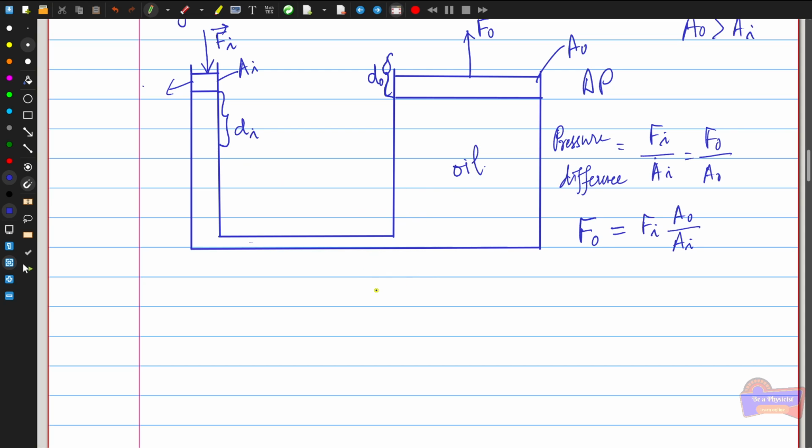I can write this volume as the area times the distance the liquid has moved, A_i d_i, which is equal to A_o d_o.